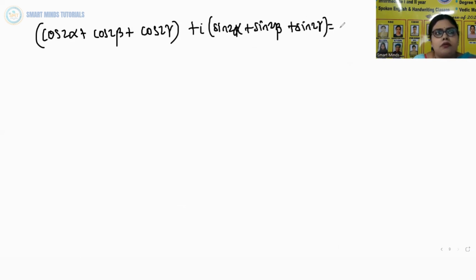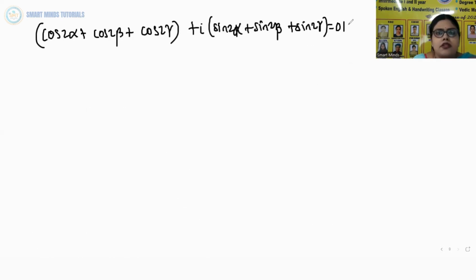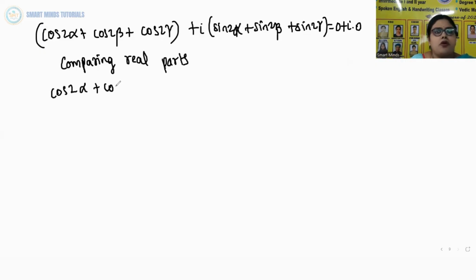That is equal to 0, but 0 we can write as 0 plus i into 0. We are converting it into a plus ib form. Now we will compare only real parts. Okay, so cos 2 alpha plus cos 2 beta plus cos 2 gamma is 0.